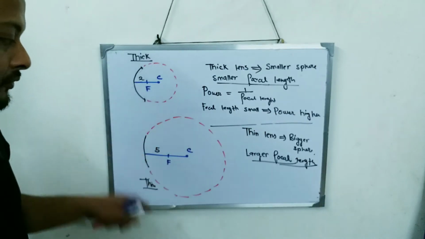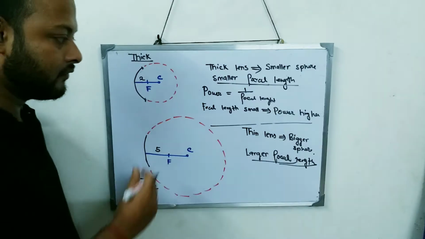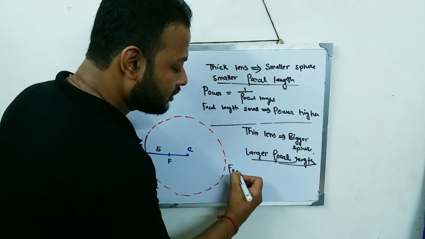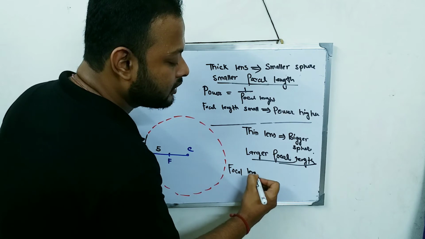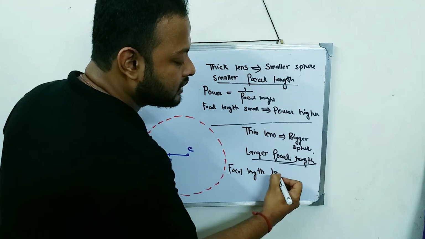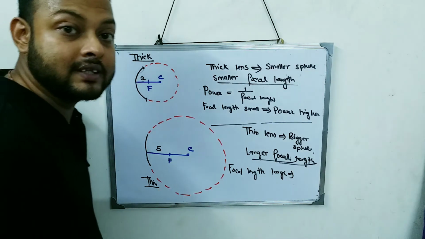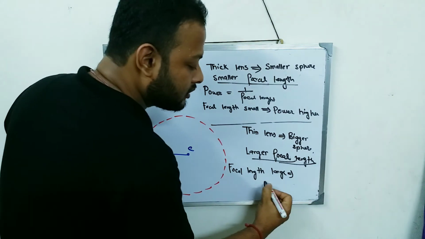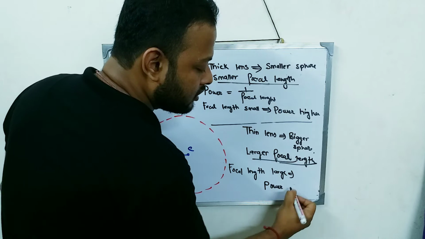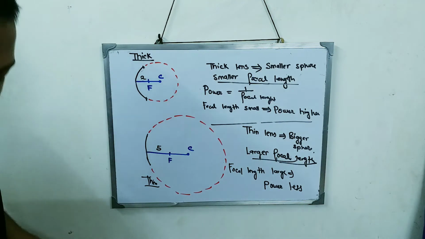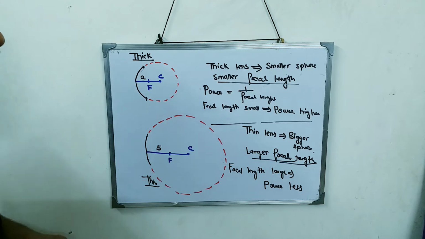Whereas for a thin lens, what we can say? Focal length is large, and if focal length is large, power is less. So you have to remember the basic things as I have explained to you.